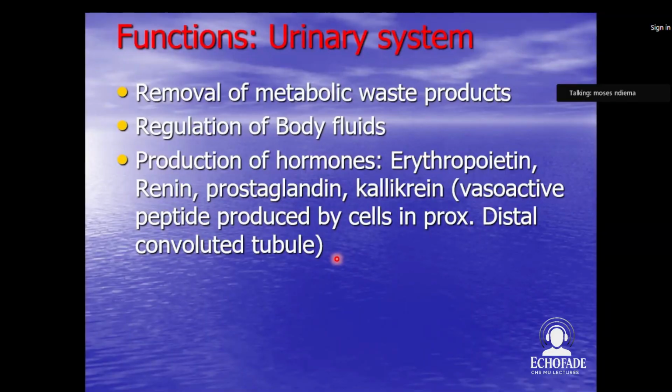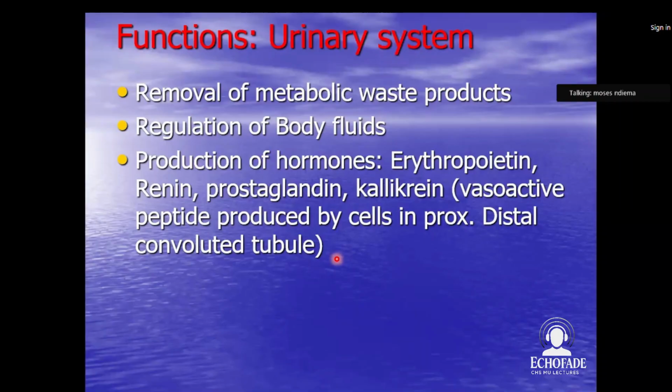Apart from that, we have renin, which is produced within the kidney by juxtaglomerular cells. That renin acts on angiotensinogen, converting it to angiotensin 1. The angiotensin 1 then is taken to the lung, where it is converted to angiotensin 2.